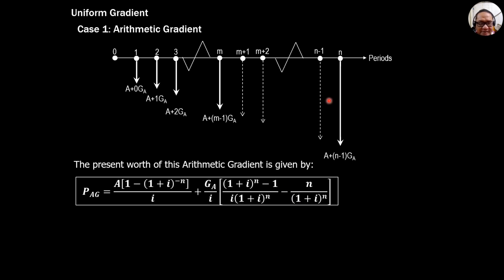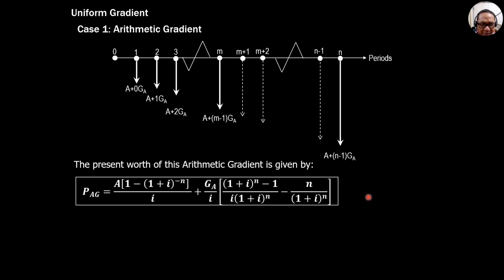So likewise, the future worth is derived by simply multiplying this present value by 1 plus I to the n. So future worth of a single payment is present times quantity 1 plus I to the power n. So I will not write the formula.